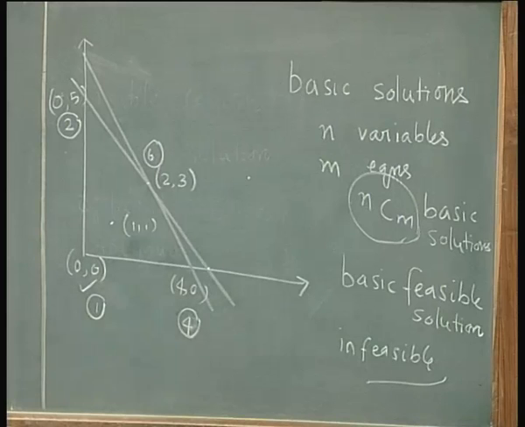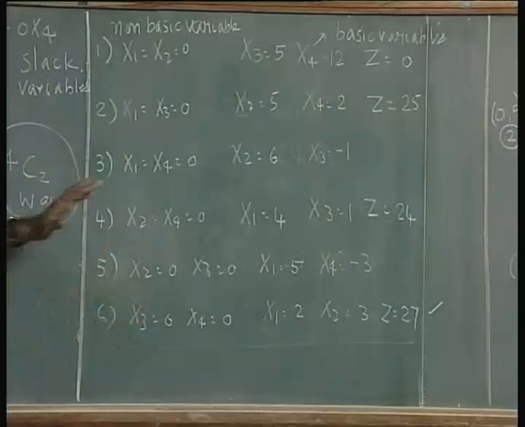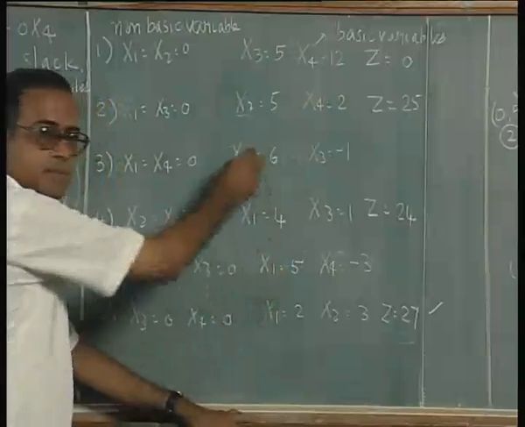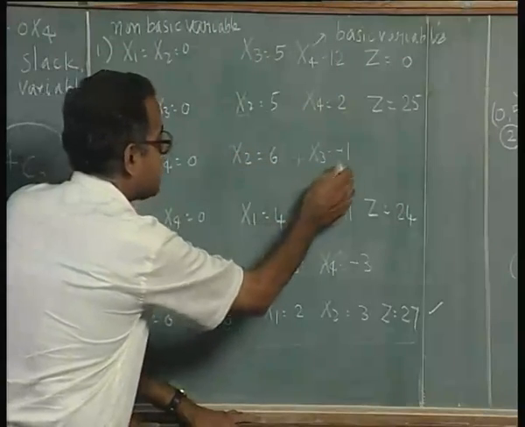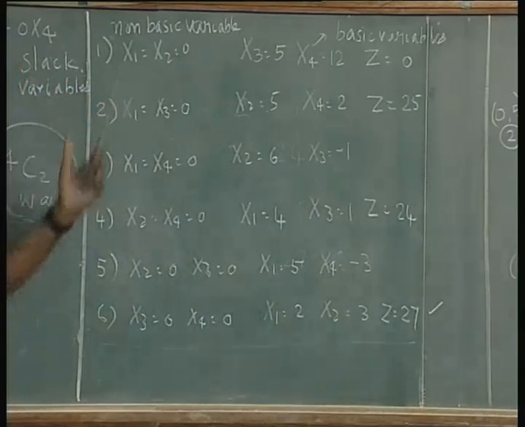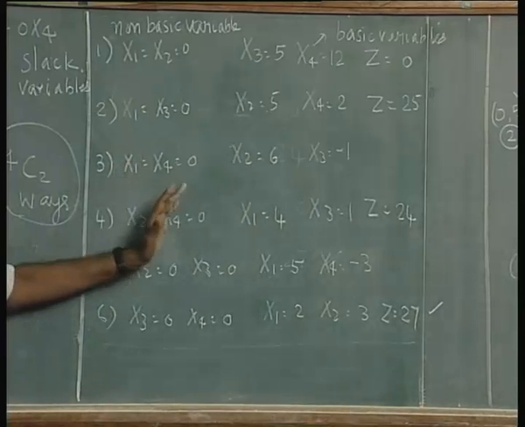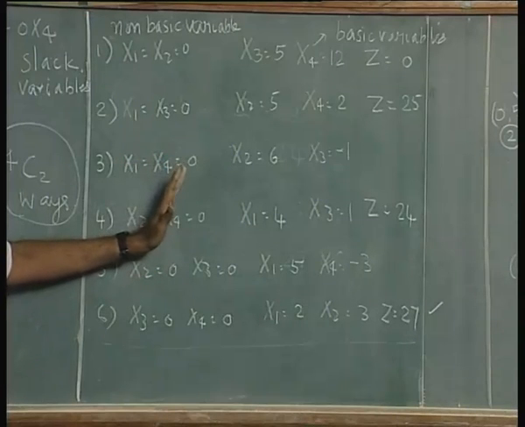The second, very distinct disadvantage is this: we evaluated 6 solutions here and found that 2 out of these 6 were really useless and unnecessary. We did not look at these 2 at all. The moment the solution becomes infeasible, it does not add any value. So, if the algebraic method were good enough to eliminate the infeasible ones a priori, it would be much better off than it is at present.